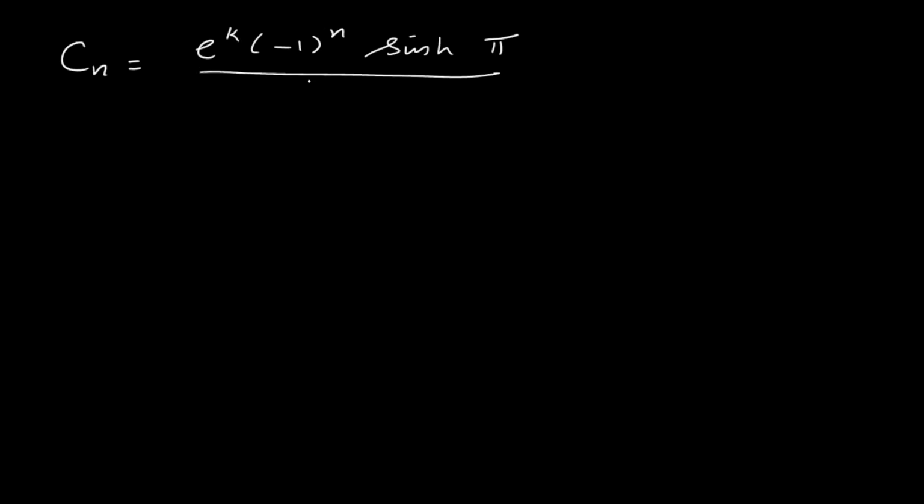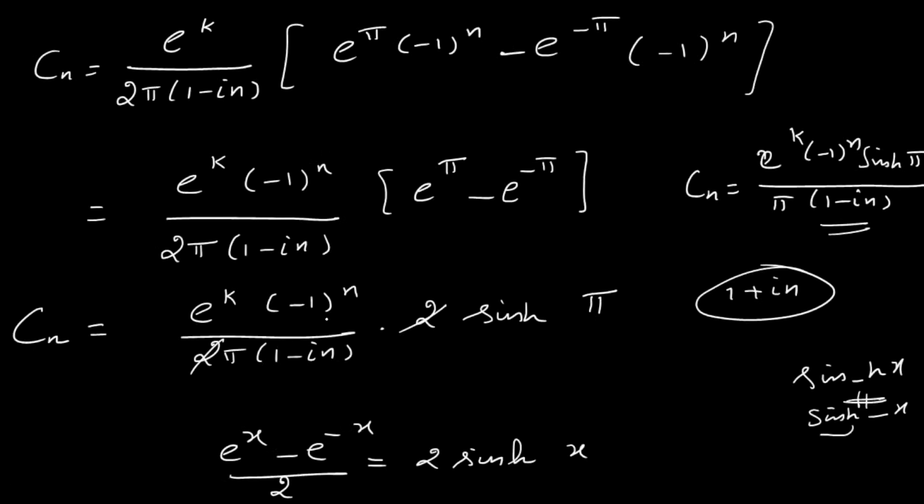Cn, just now we calculated as e power k, minus 1 whole power n, hyperbolic sine of pi over pi of 1 minus in. I just write this step.